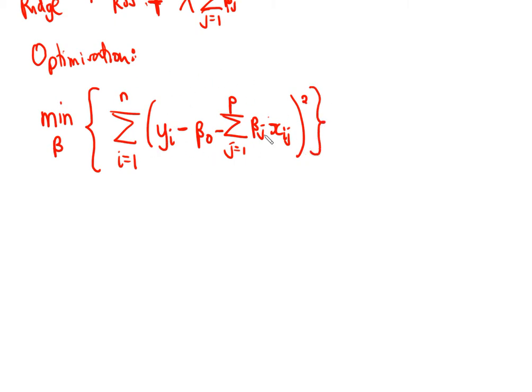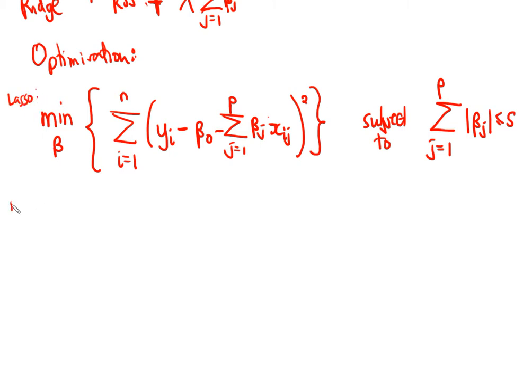We are minimizing the RSS subject to the summation of j equal to 1 to p of the absolute value of beta j being less than or equal to s. This is the Lasso problem.